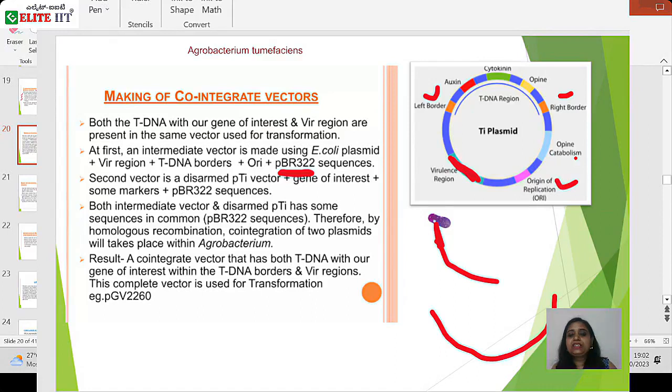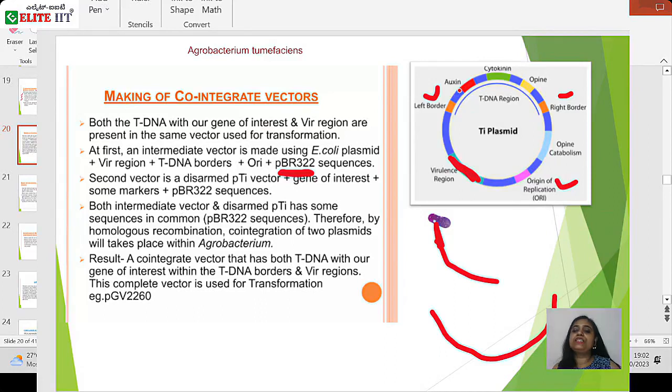Okay, tDNA border is there, origin of replication is there, virulence gene is there, and the rest of the plasmid is from pBR322.